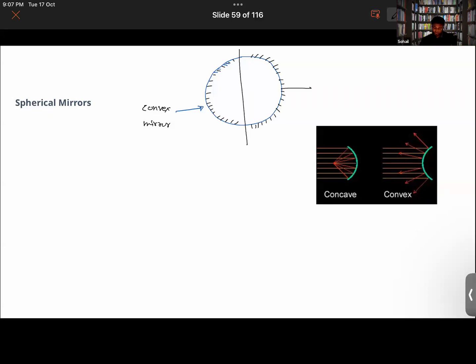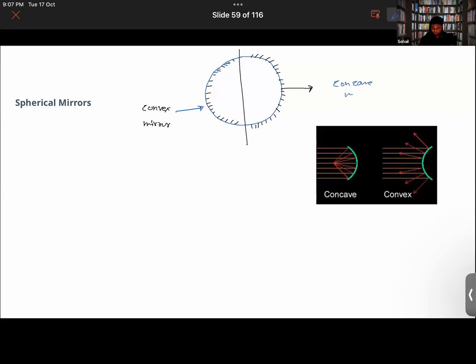Then the other one, where the reflecting surface is bent inward like this. Like the spoon you see, no? The front part of the spoon, how it looks. So that can be taken as an example of a concave mirror. Not exactly, but you can take it as an example of a concave mirror.